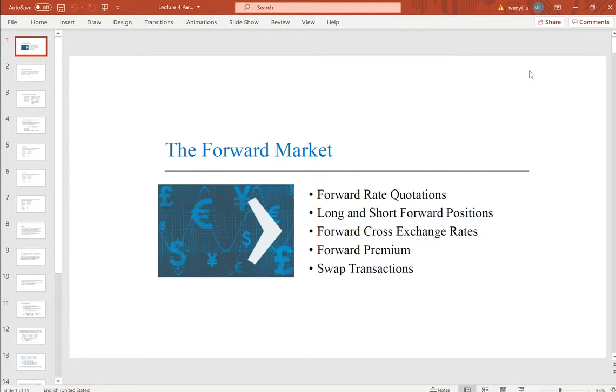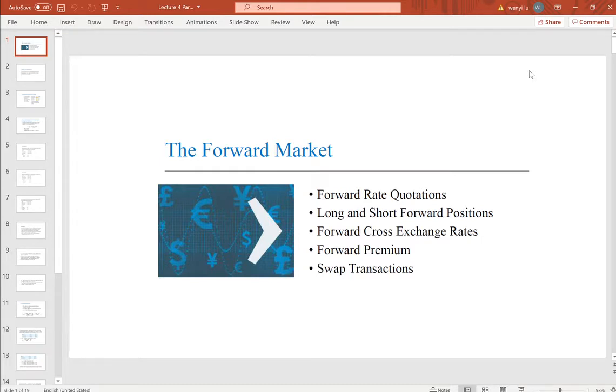So this chapter needs more time than the other chapters, especially for some terminology you've never seen before or some calculations involving many detailed steps.